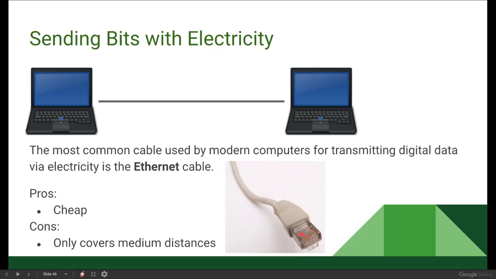The Ethernet cable is full of little copper wires, and we use those to send any electrical signal we have from our computer through the internet to another computer. Some pros of Ethernet is that it is cheap. It's much cheaper than the alternatives. But some cons, it does not cover enormous distances. It can only cover medium distances and short distances.